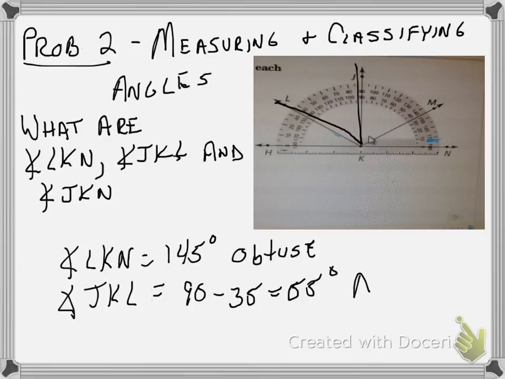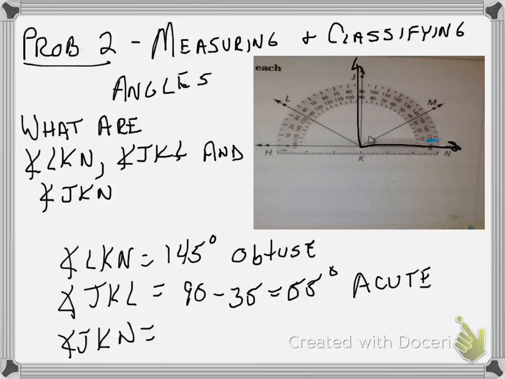And that would be an acute angle. And the last one is angle JKN. I got JKN here. Definitely a right angle, and we always know right angles are 90 degrees.